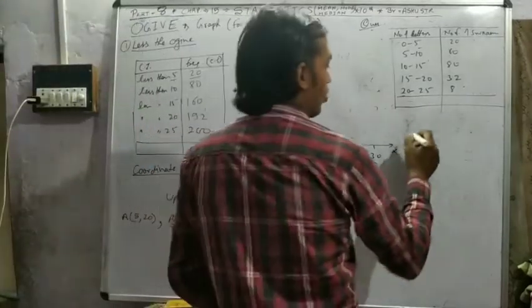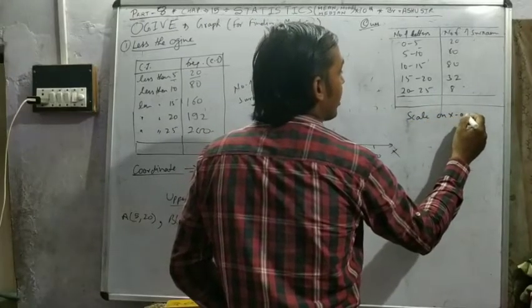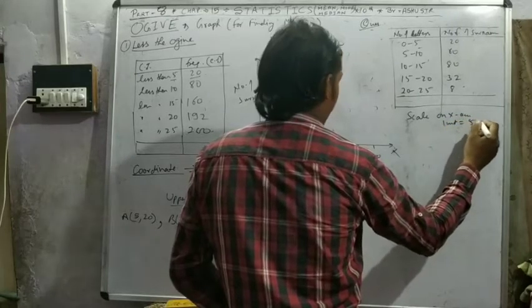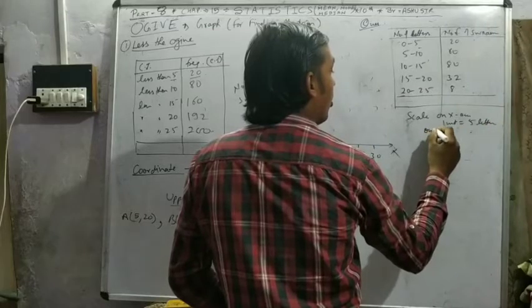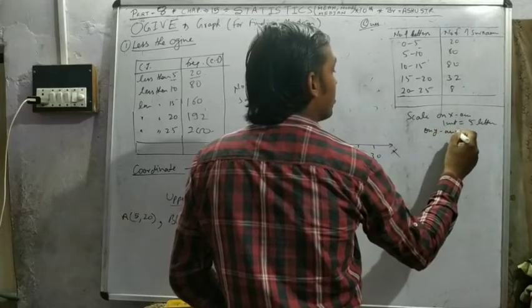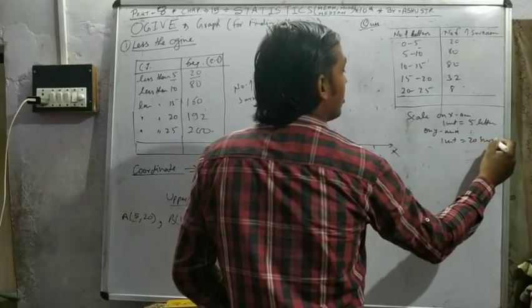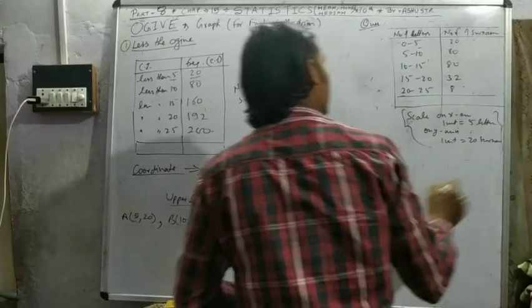You can also write the scale. Scale on x-axis: 1 unit is equal to 5 letters. On y-axis: 1 unit equal to 20 surnames.